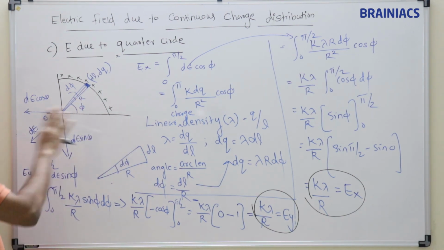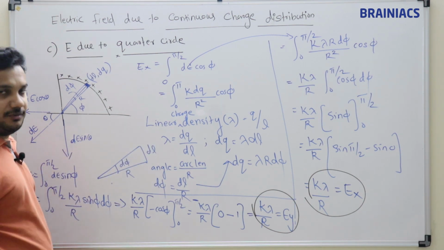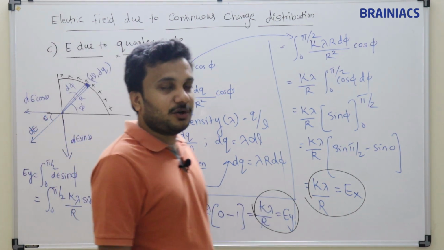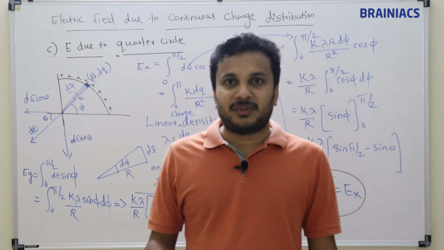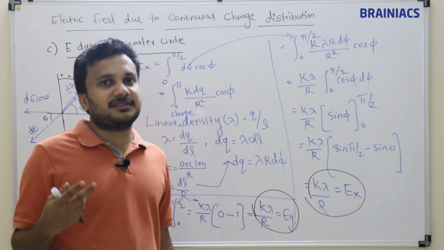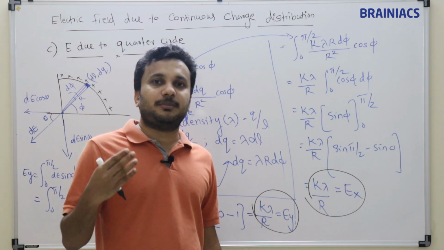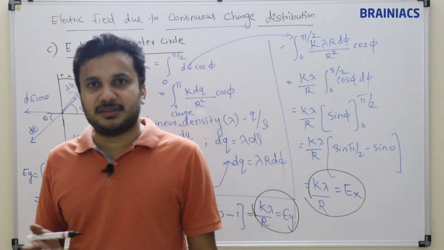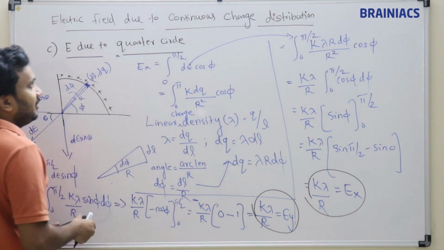So two electric fields are there in two different directions. How will we find the resultant of two electric fields, or the resultant of any two vectors? If I have vectors a and b, how should I find the resultant? R equals root of a square plus b square plus 2ab cos theta. Same logic, the same concept we are going to apply here.